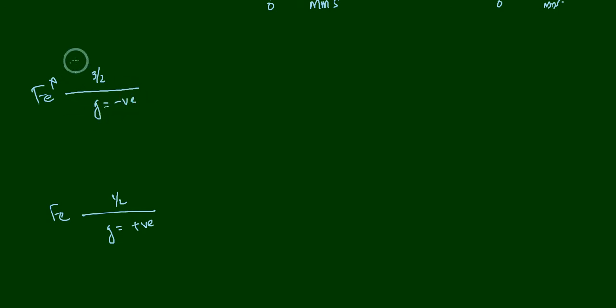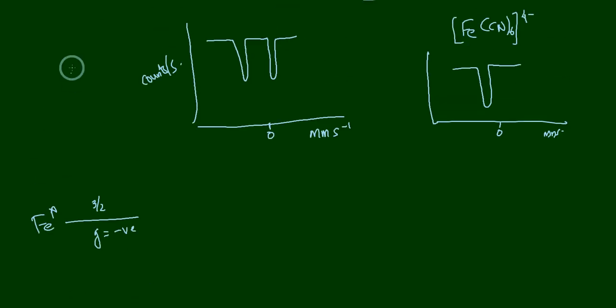You may be remembering, you already learned in NMR spectroscopy that the splitting of the energy, or the spacing between the energy levels, delta E is equal to G beta N B Z divided by h. You already know this, right?